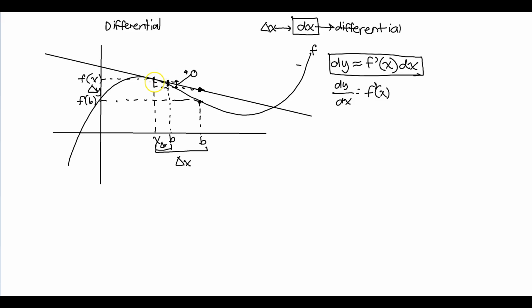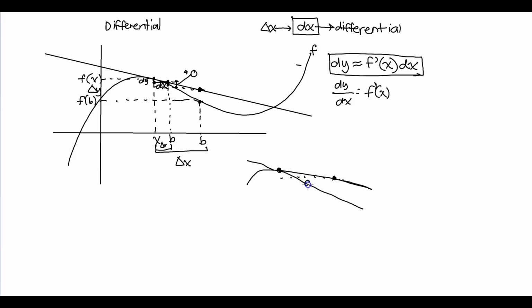Because the dy predicted by the tangent line approximation, you can relate it through the slope. Okay, so if we had the tangent line approximation, it's our point of tangency, not really a straight line, but okay.